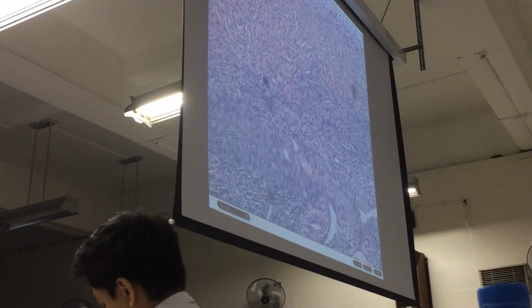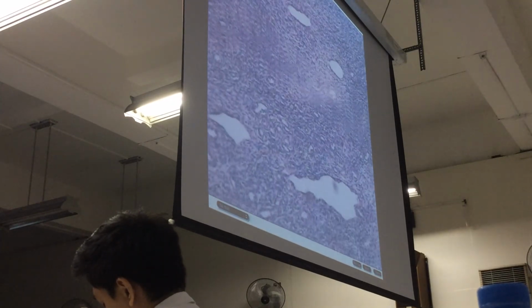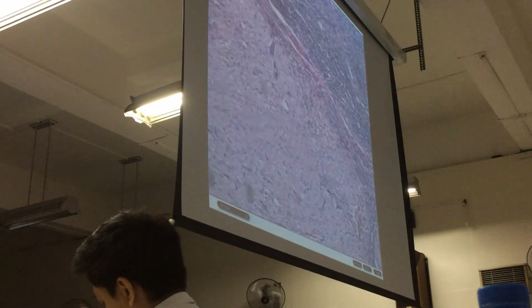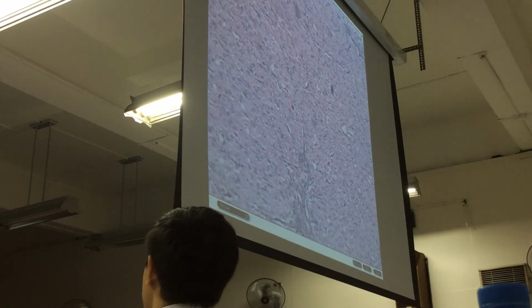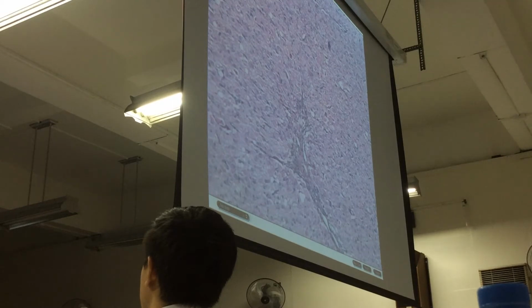So if you are shown something like this, that's the ovary. Okay, this is ovarian tissue. If you see something like this, what are these? These are granulosa cells which have been luteinized.